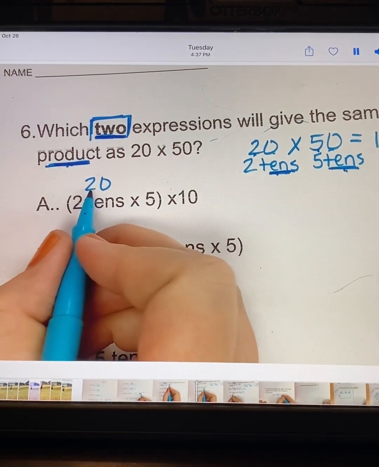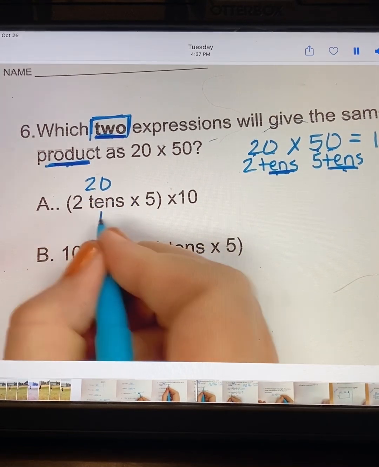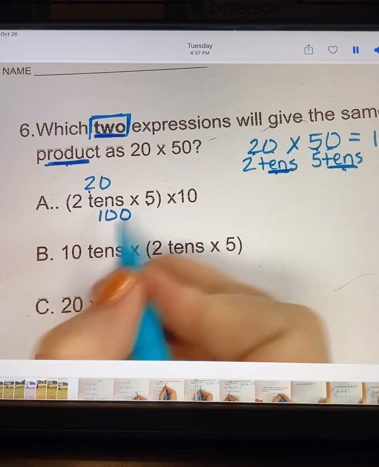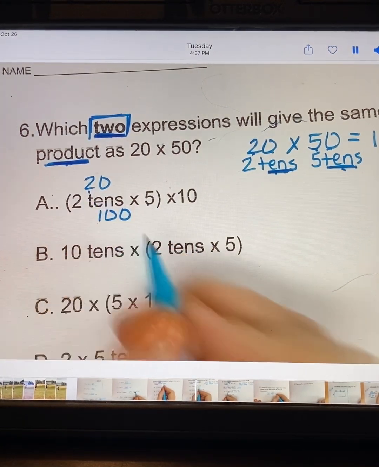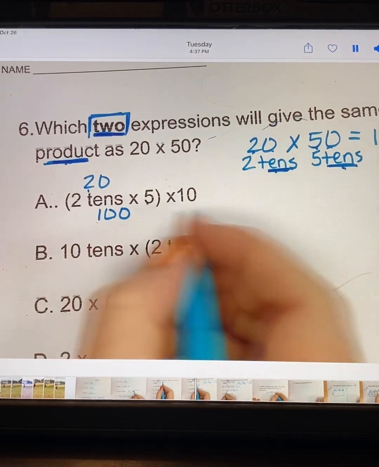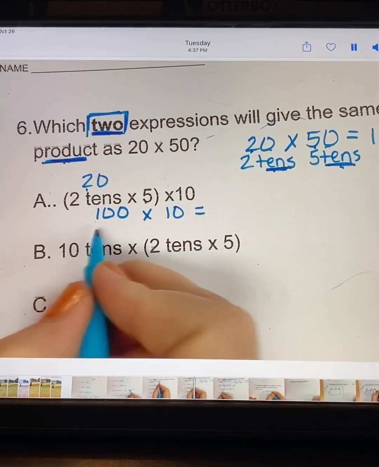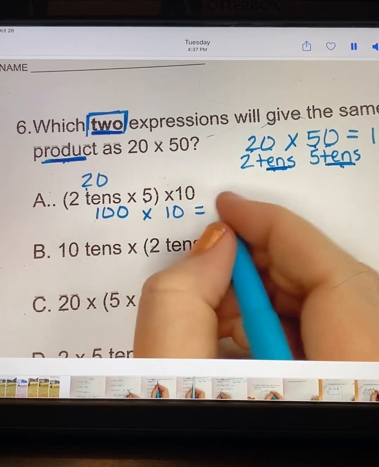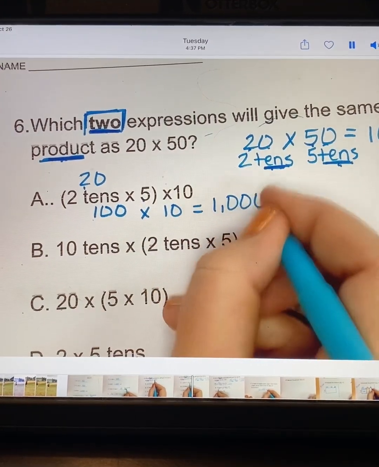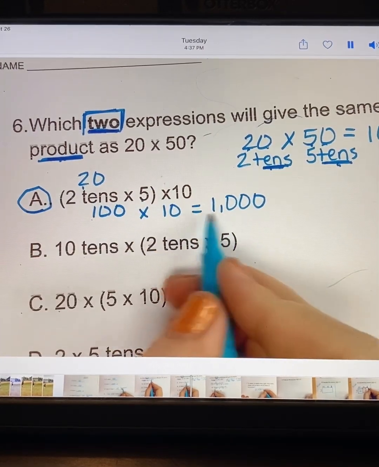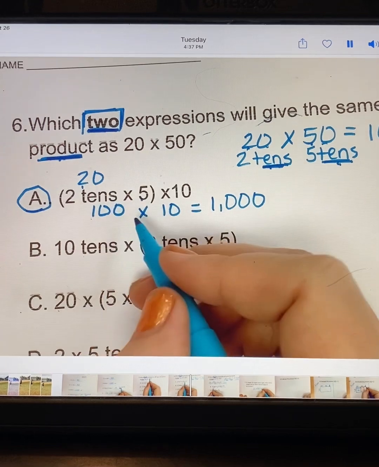Well, I know that 20 times 5 is 100. 2 times 5 is 10, and then I have that other 0, so I can write it down. Okay, and then I'm going to multiply that times 10. 100 times 10 is 1,000. So A does have the same product, 1,000. So that one would be correct.